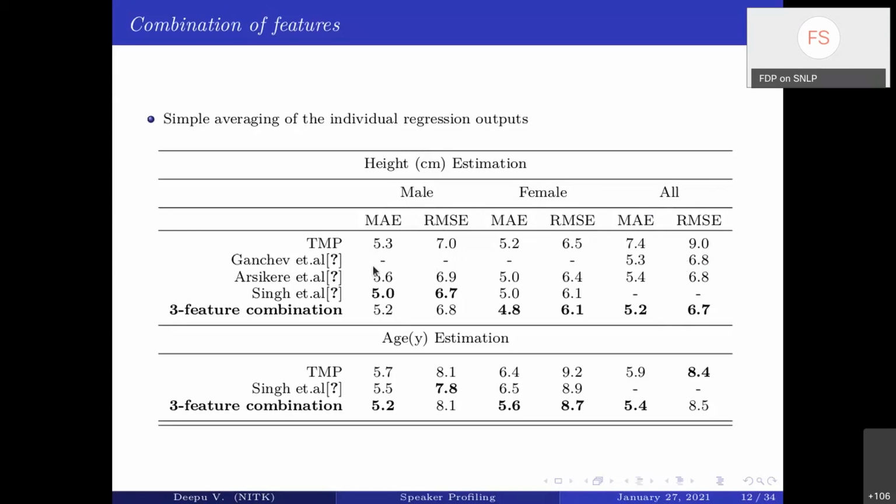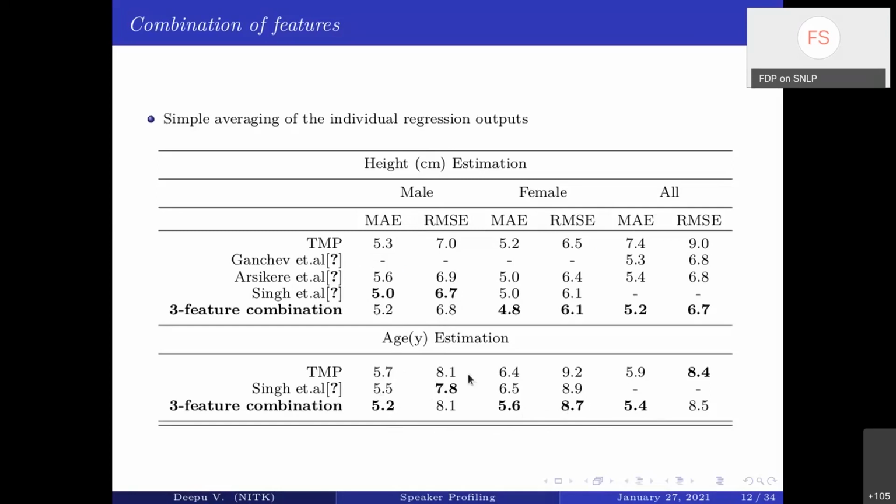So you can see that in the male set, we actually got close to the state of the art, which was the state of the art when we started the research. We got close to the state of the art, but not really very good at it. But for age, I think we got really better with both male and female in terms of mean absolute error.